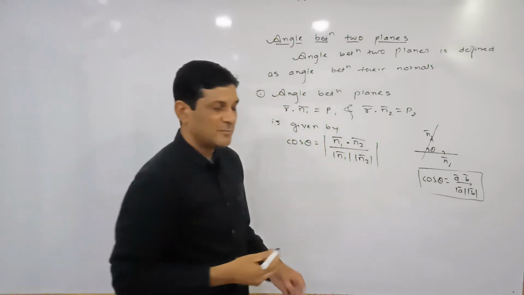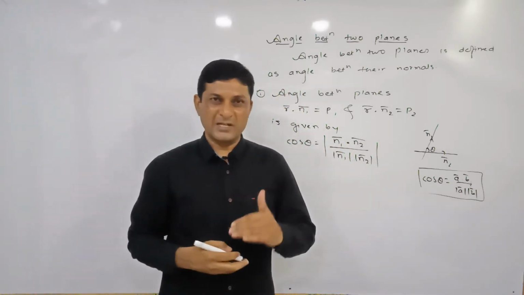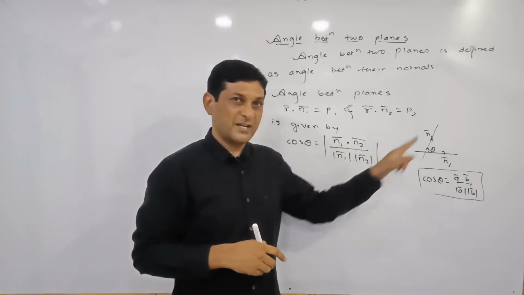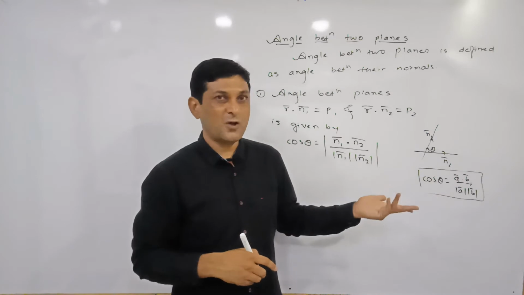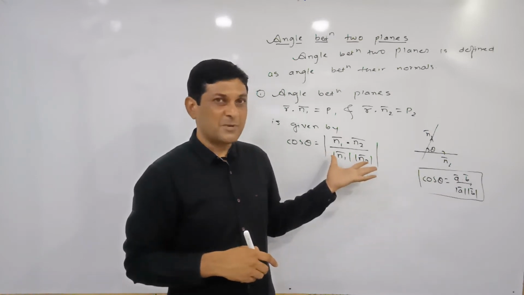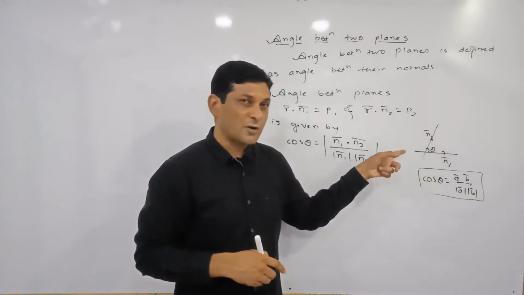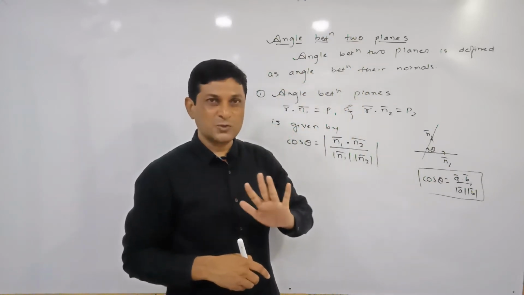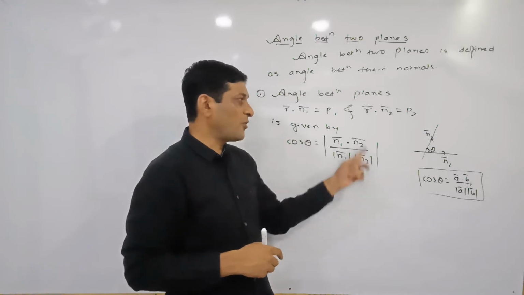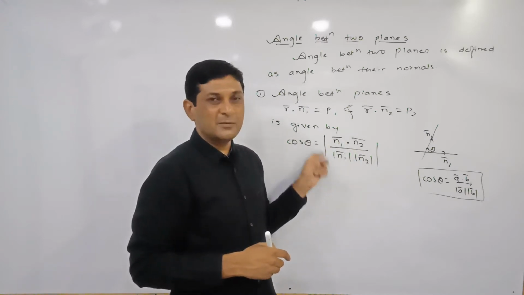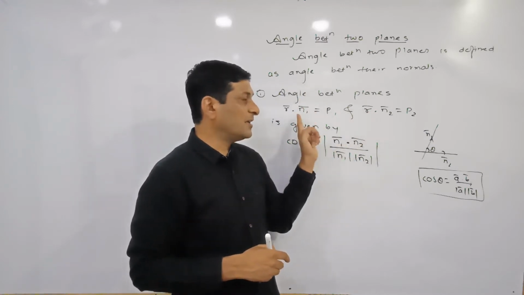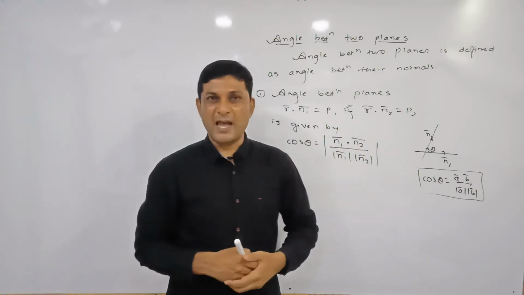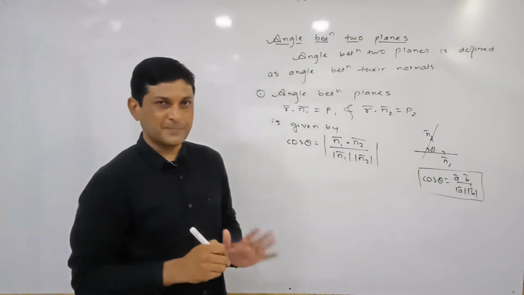Applying this formula, we are able to find out angle between two normals, and angle between which two vectors? n1 bar and n2 bar. But n1 bar and n2 bar are the vectors along the normal. Means same formula is applicable to find out angle between these two normals, and angle between two normals is nothing but angle between these two planes. Means now we have got one formula to find out angle between two planes. If the equation of two planes are given in vector form, then this formula is applicable to find out angle between them. Is it clear?